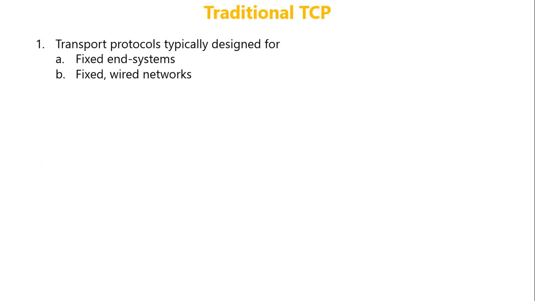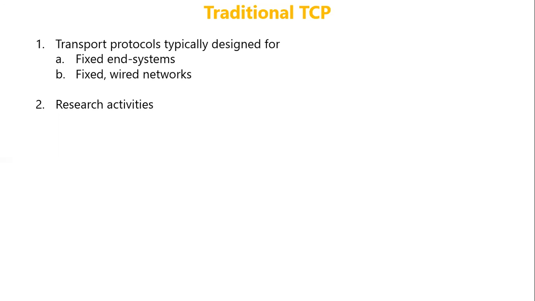Now let us try to understand how traditional TCP behaves when there is a packet loss. Traditional TCP is designed for fixed networks with fixed end systems, that is, for wired networks.